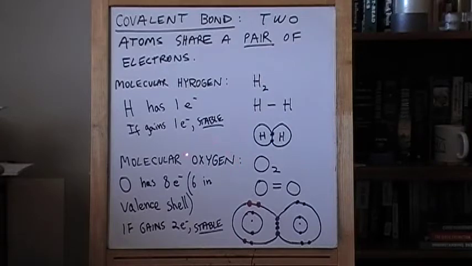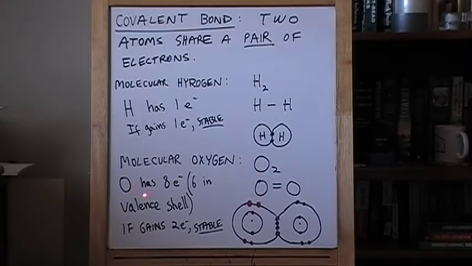Another example is molecular oxygen. So oxygen in nature is a gas that is O2. So there's 2 oxygen atoms bound to each other by, in this case, 2 covalent bonds, or called a double bond. So why is there a double bond between 2 oxygen atoms?